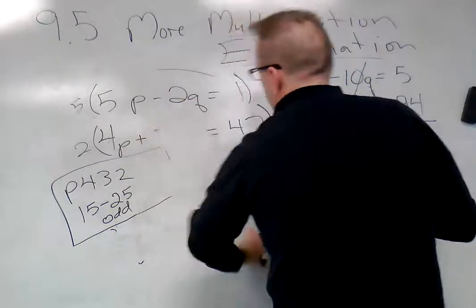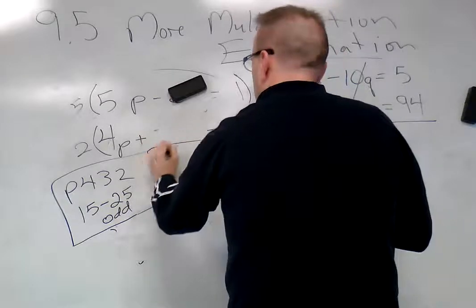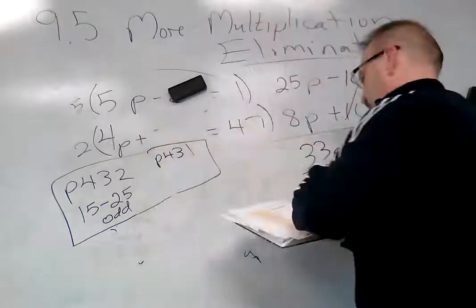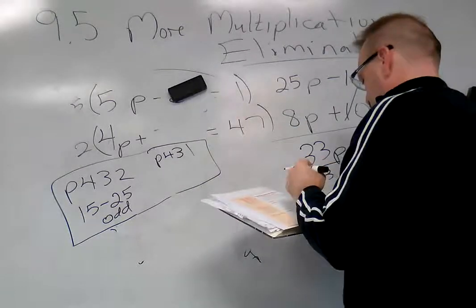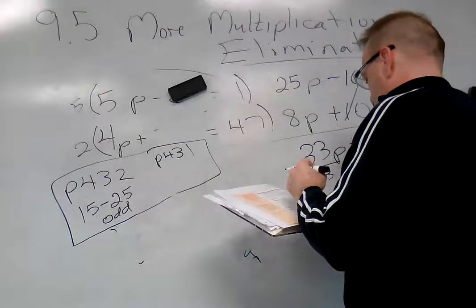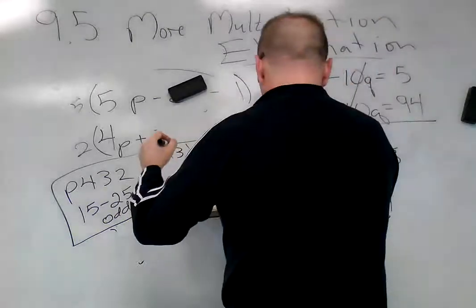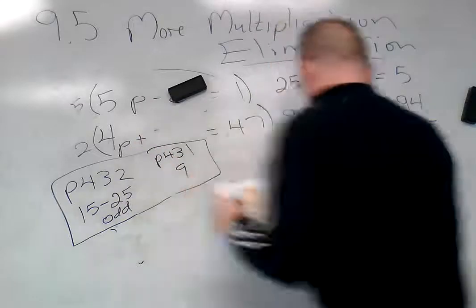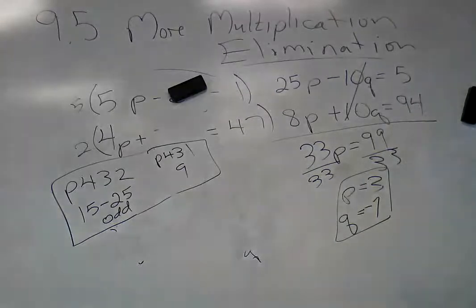So 432, 15 to 25 odd, and then back on 431, we're going to do number 9. We did the other 3. So on 432, 15 to 25 odd, and then 431, number 9.